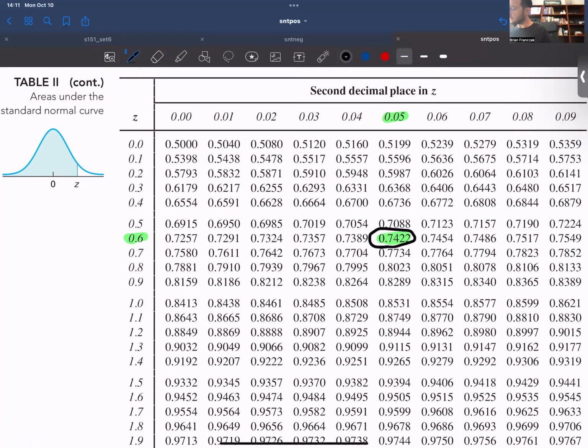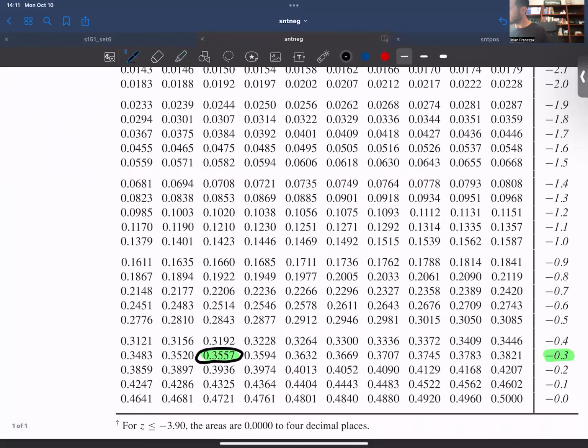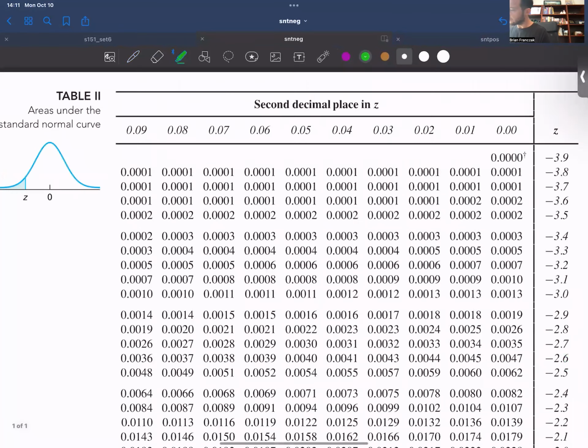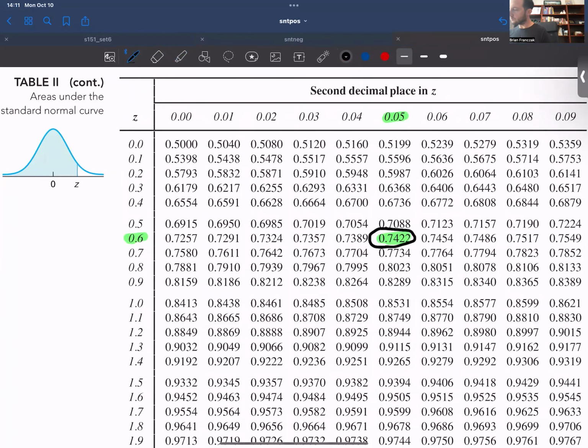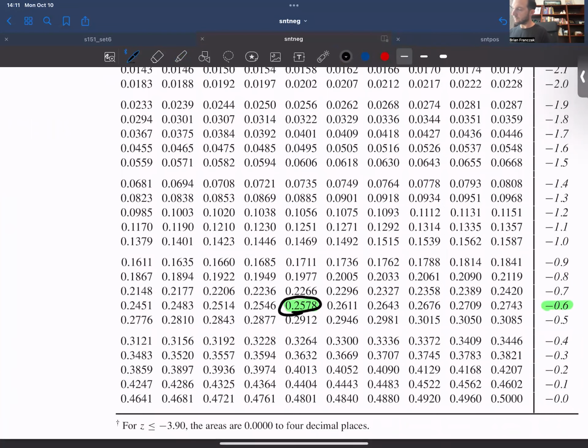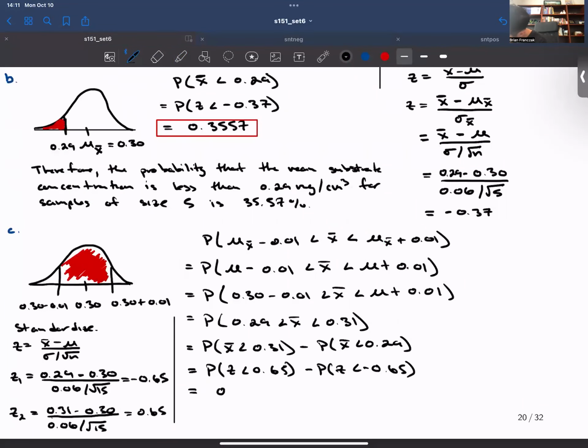And then we look up negative 0.65, which is 0.2578. So we have 0.7422 minus 0.2578, which is equal to 0.4844.